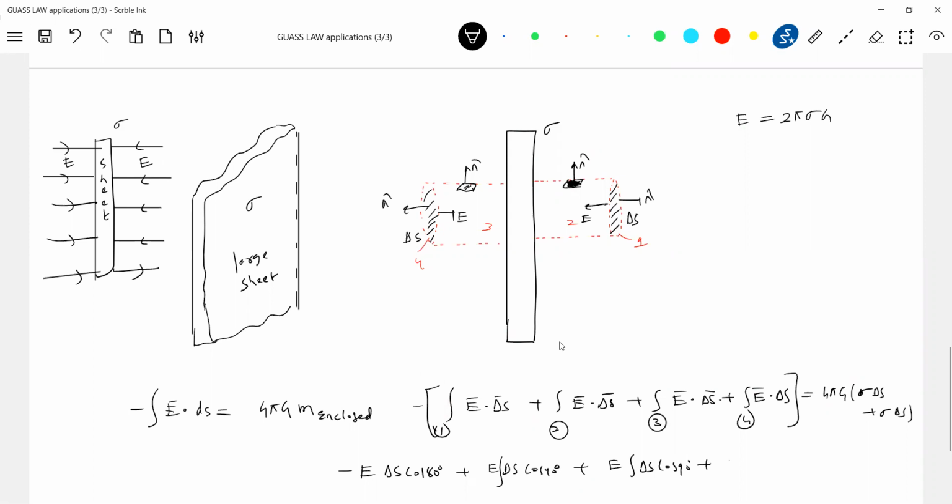In books, if you see E showing negative, E showing negative means it will be towards the body. So let me eliminate that negative sign. Again, you'll get confused. Equal to how much? 4 pi G times 2 sigma delta S.